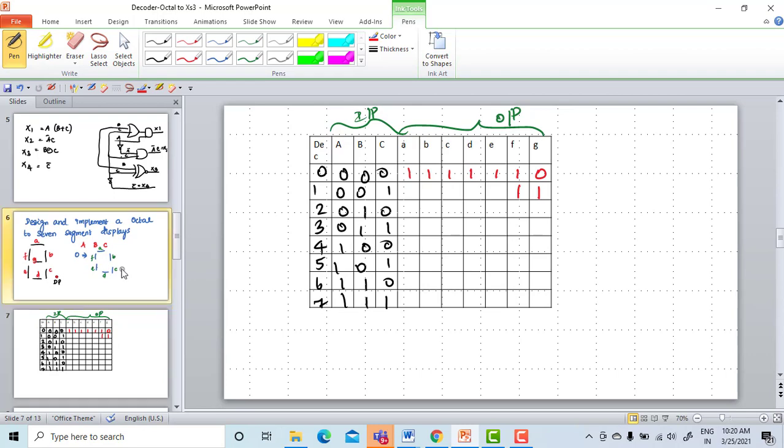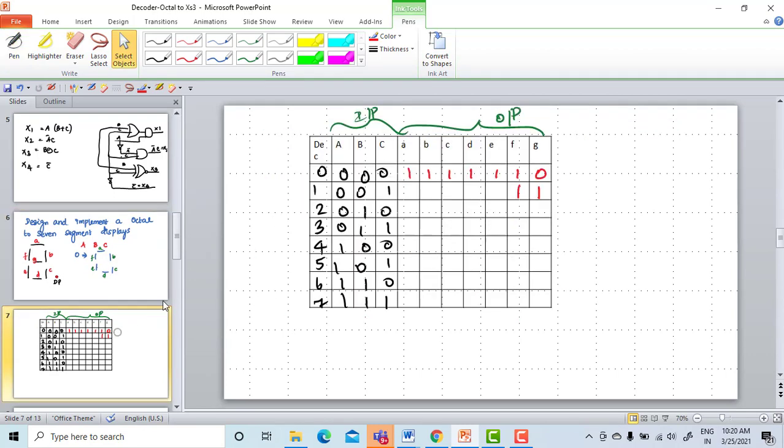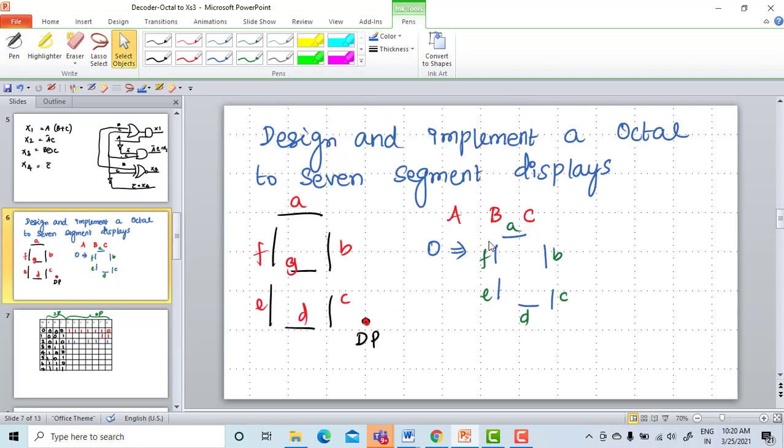And for 2, A, B, G, E, D. See, I'll repeat here. So 2 you will write like this.